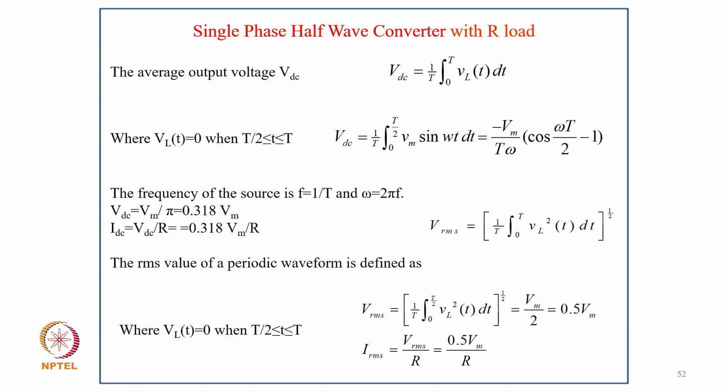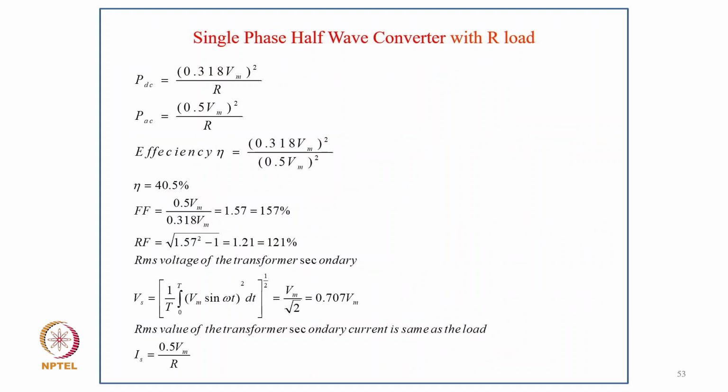The RMS value of a periodic waveform is defined as VRMS equals (1 upon T integral 0 to T by 2 of VL squared dt) to the power half, equal to Vm by 2 or 0.5 Vm, and IRMS equals 0.5 Vm upon R. Now PDC equals 0.318 Vm square divided by R, and PS equals 0.5 Vm square upon R. So efficiency is 0.318 Vm square divided by 0.5 Vm square, which comes to 40.5%.